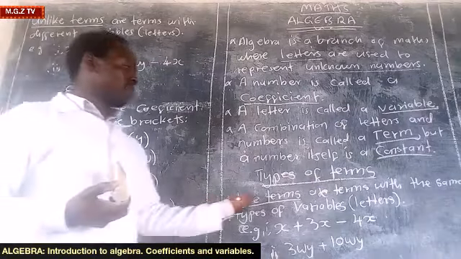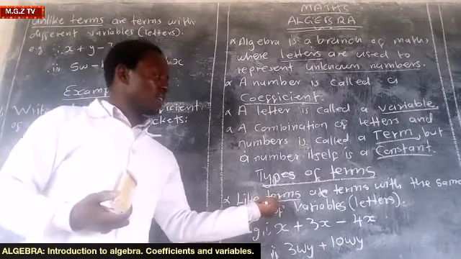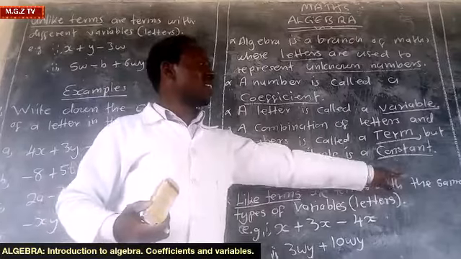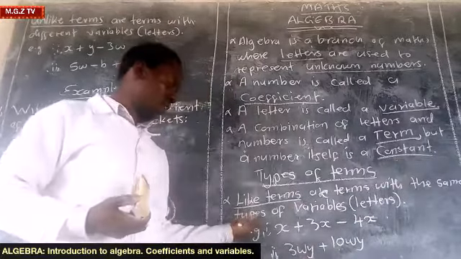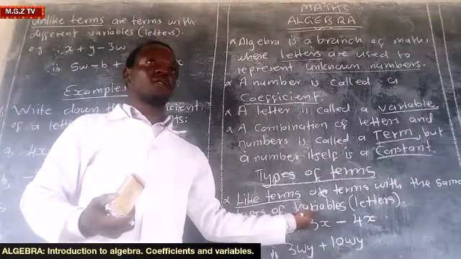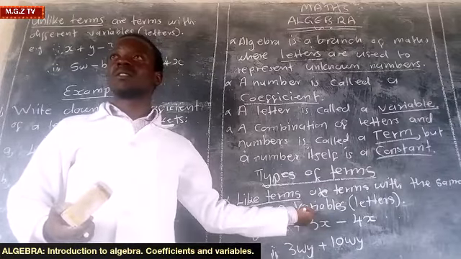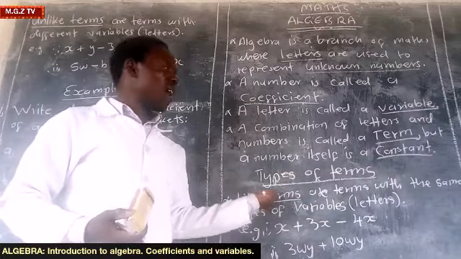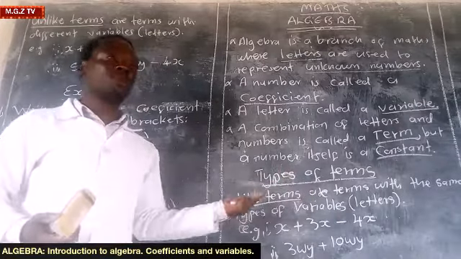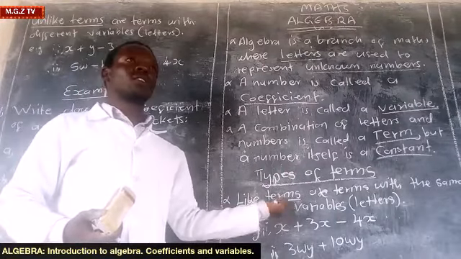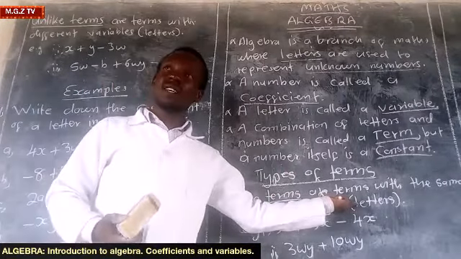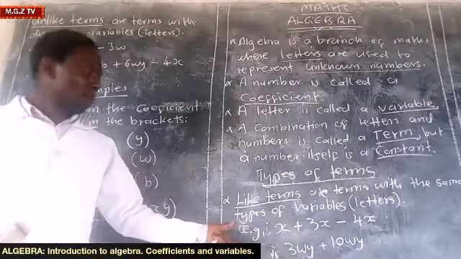Now, what are like terms? Like terms are terms with the same type of variables. Variables are letters, right? So now here's an example.